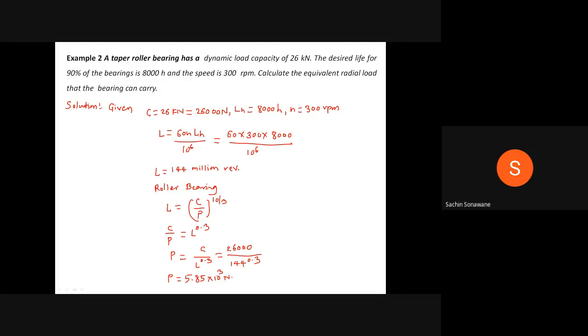Therefore, this is our answer for the equivalent radial load that the bearing can carry. Those who are not writing, please write down. I will wait for 2 to 3 minutes.